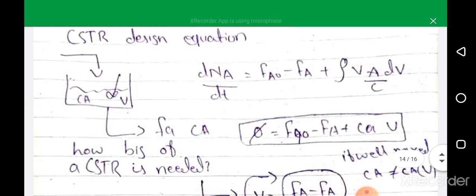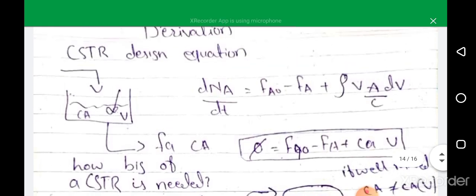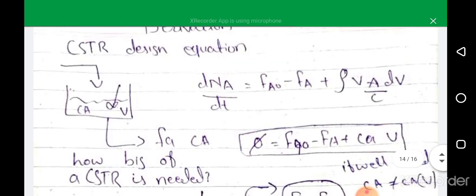Now what does a CSTR look like? We have some flow, and the flow rate was F, which is the number of moles. Now this formula is that dNA upon dt is equal to FA0 minus FA plus the integral of rA dV.